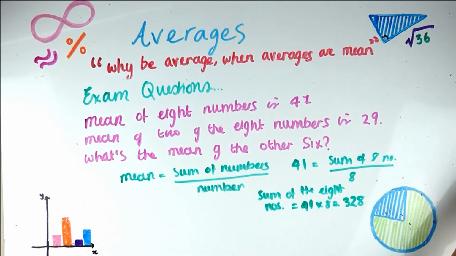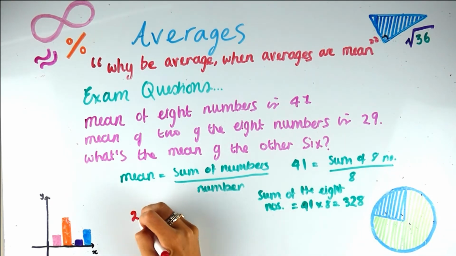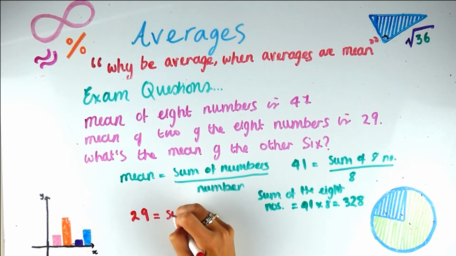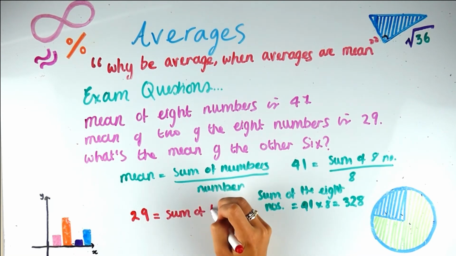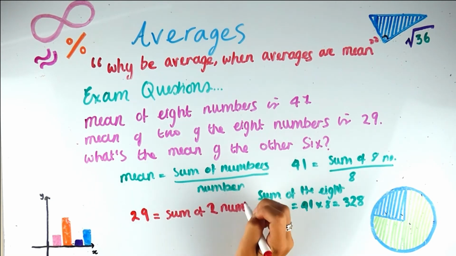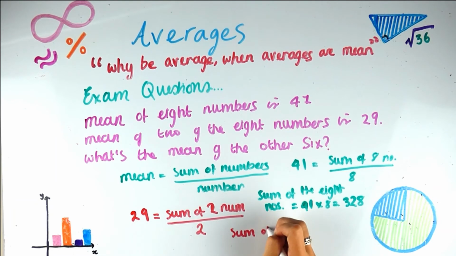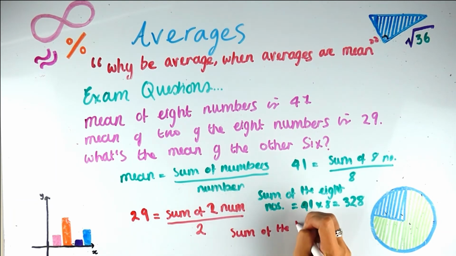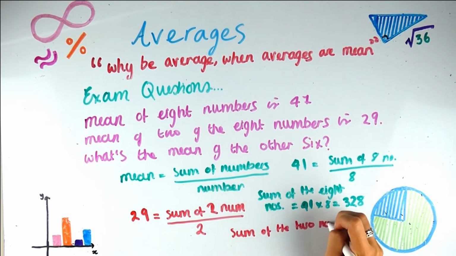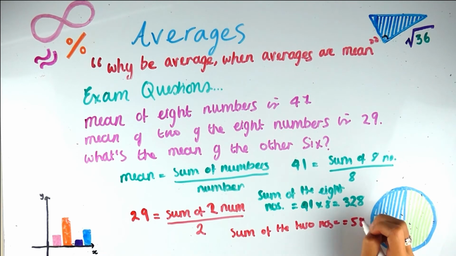Next thing is telling us a similar thing, mean of the 2 of the 8 numbers is 29. So using the same idea, the mean is 29, and that's the sum of the 2 numbers, and there were 2 of them. So the sum of the 2 numbers is 29 times 2, which is 58.